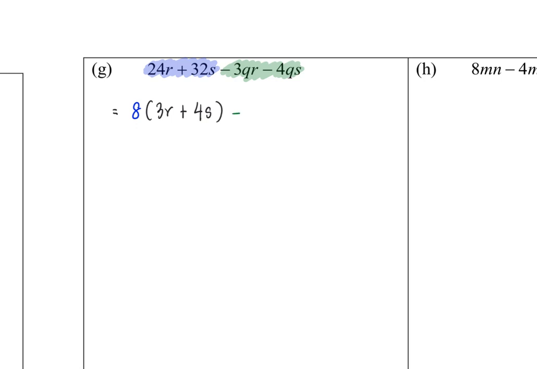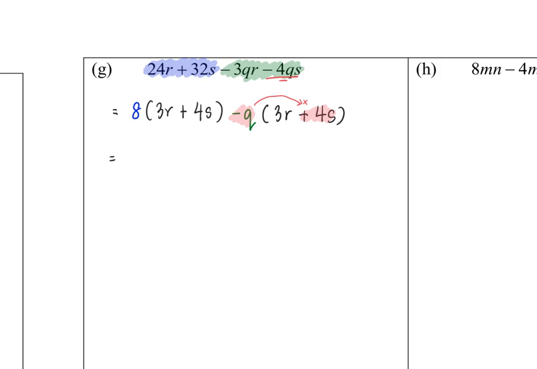I'm going to extract out the negative q, and I realize that again I will have my 3r and positive 4s, because again Mr. Tan is really careful. If I were to multiply this out, they should give me back my negative 4qs.